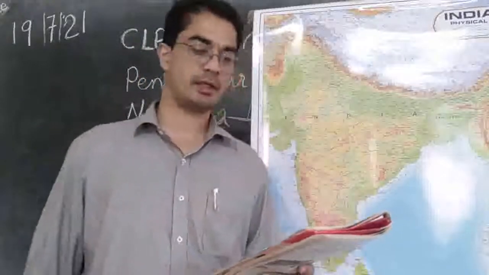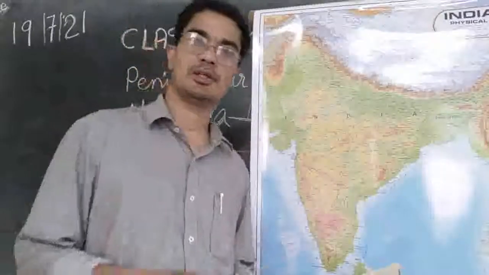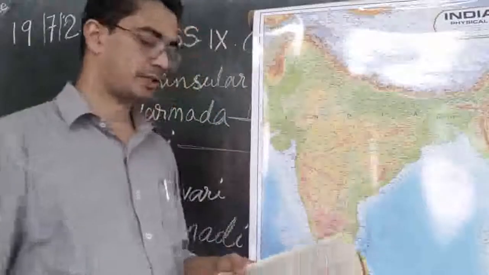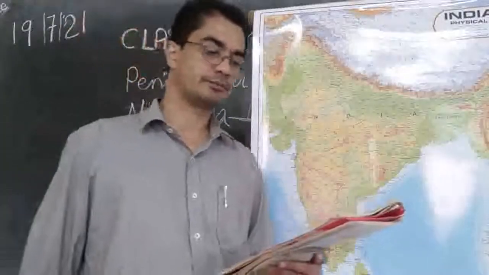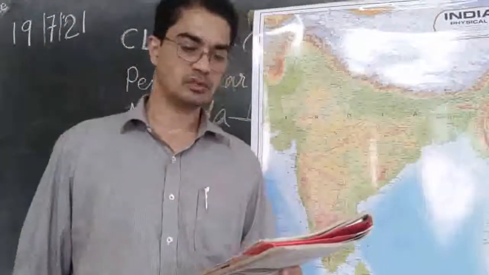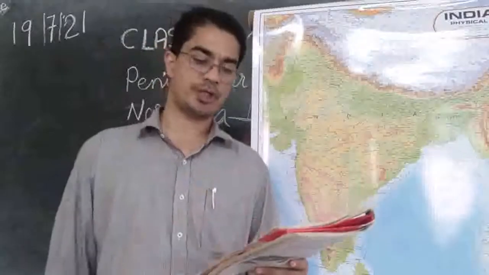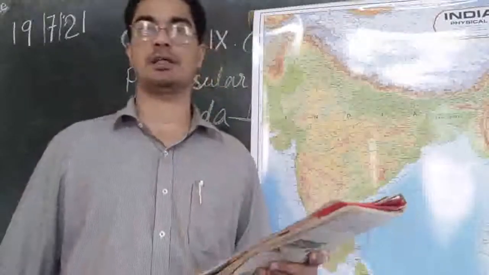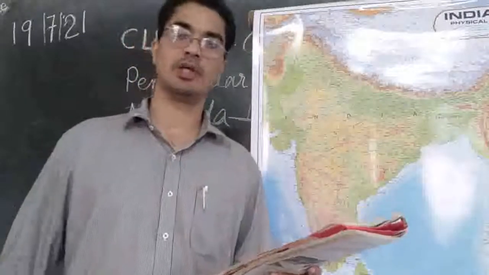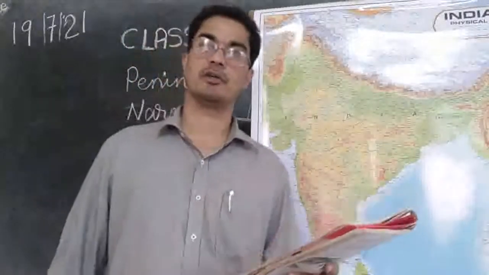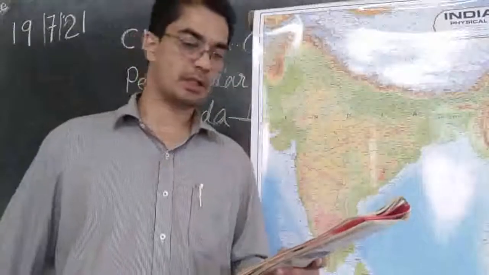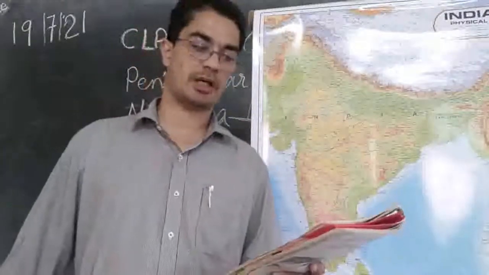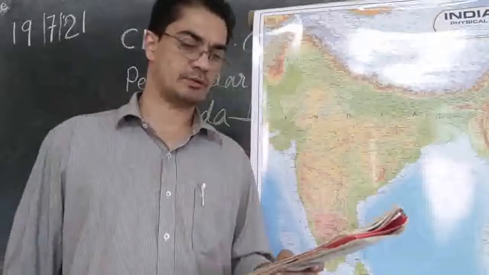Then Madhya Pradesh, Odisha and Andhra Pradesh are the other states that the Godavari river enters. So almost half of it will be flowing through Maharashtra, and then it also will be entering Madhya Pradesh, Odisha and Andhra Pradesh.